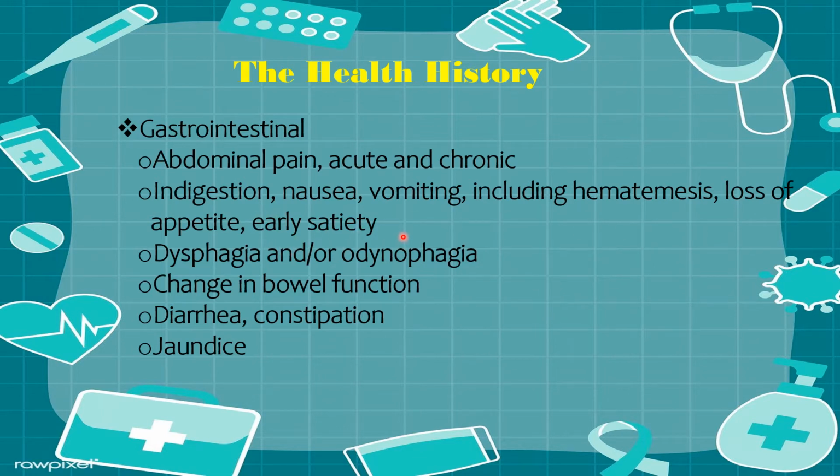In Tagalog, madaling mabusog. Okay? Is there dysphagia or difficulty swallowing? And or odynophagia or a painful swallowing? Is there change in bowel function, diarrhea, constipation, or jaundice? So these are all included in your gastrointestinal health history taking.